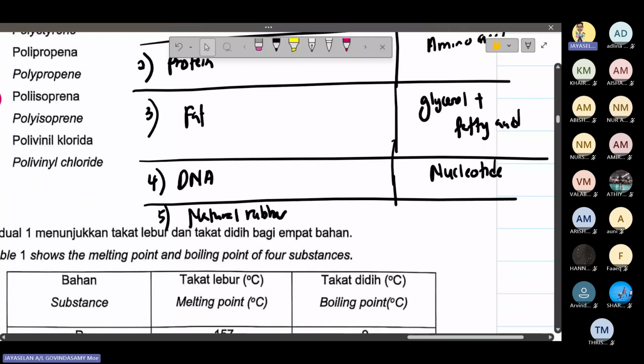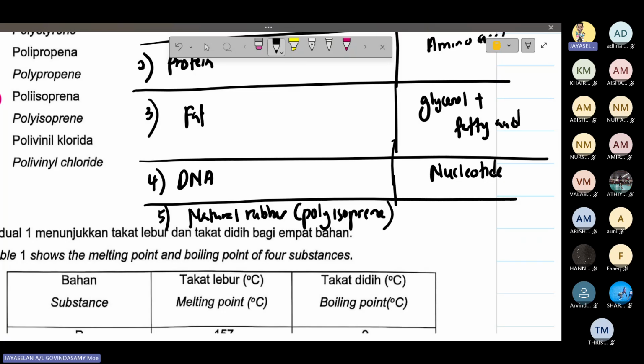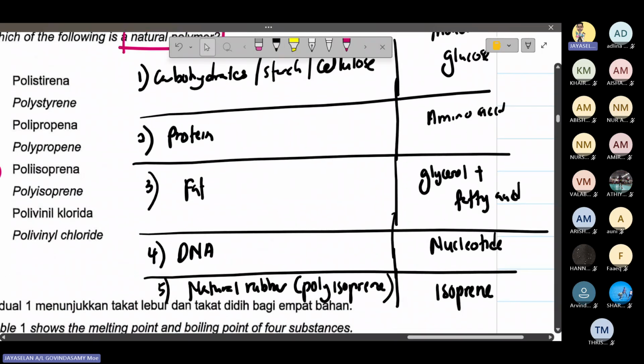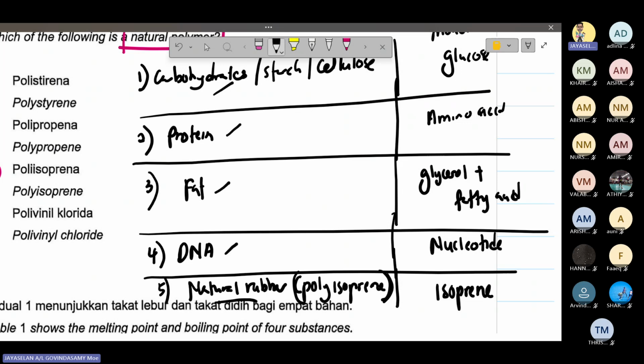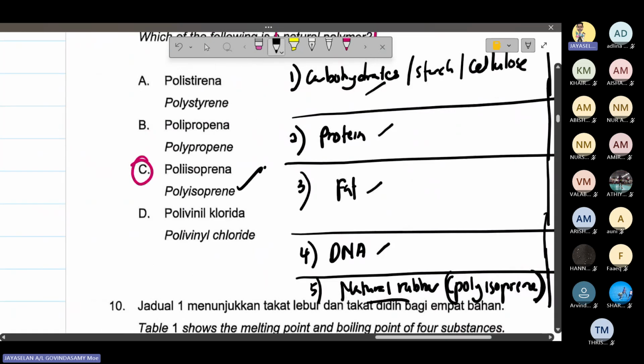One more name for natural rubber you must remember is polyisoprene. The basic unit, which is the monomer, is known as what? Isoprene. So the natural polymers: carbohydrate, protein, fat, DNA, natural rubber or polyisoprene. So the answer is polyisoprene.